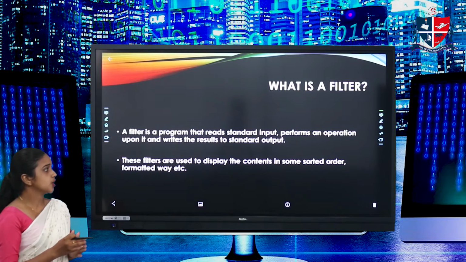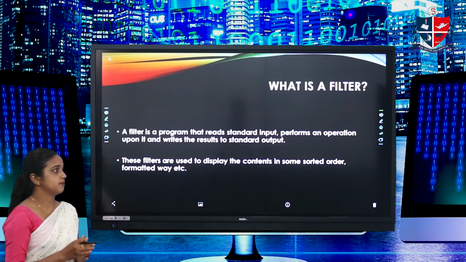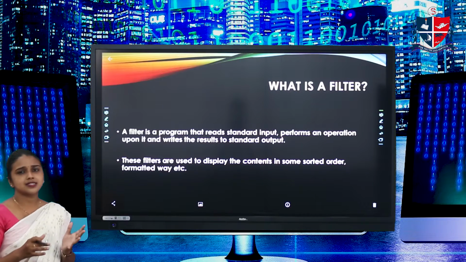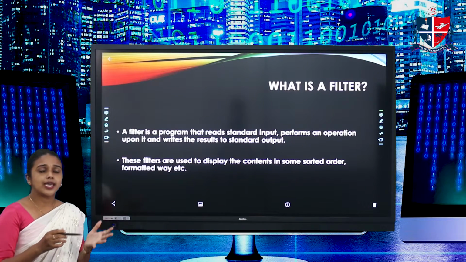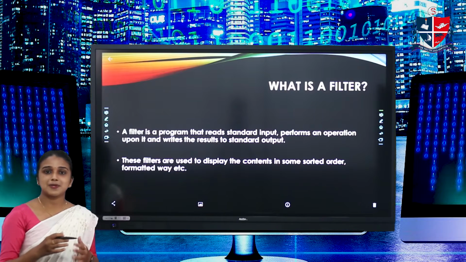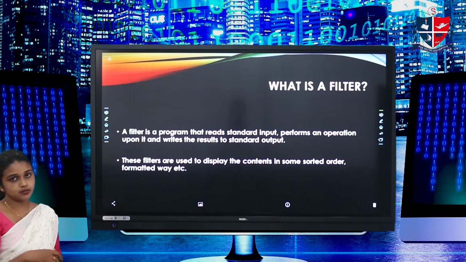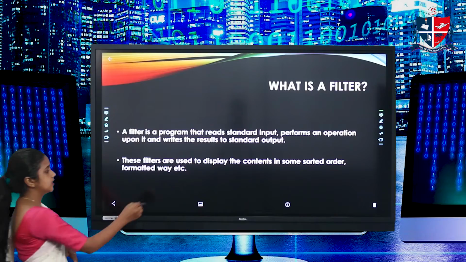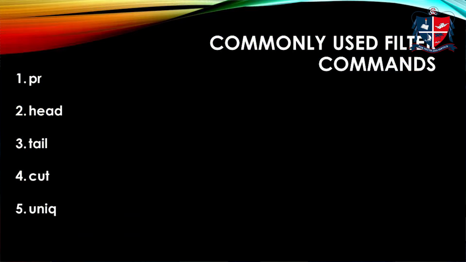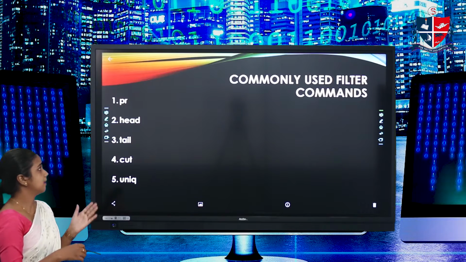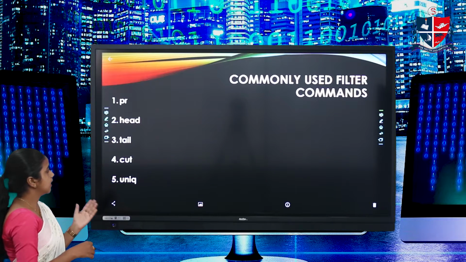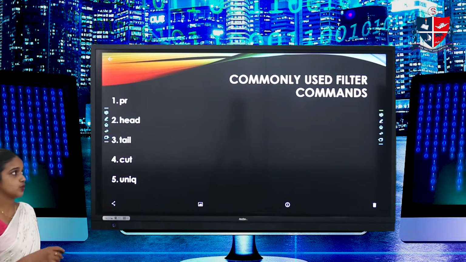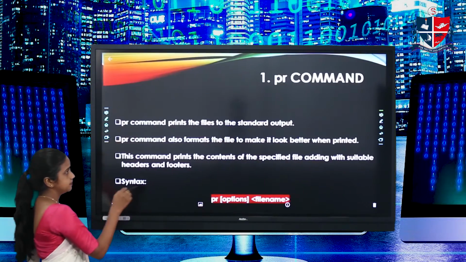These filters are used to display the contents in some sorted order, or to extract lines and print them in some specified pattern or in a formatted way, etc. In this video, I'll be discussing 5 filter commands: the pr command, head command, tail command, cut command, and uniq command. First we'll see what the pr command is.